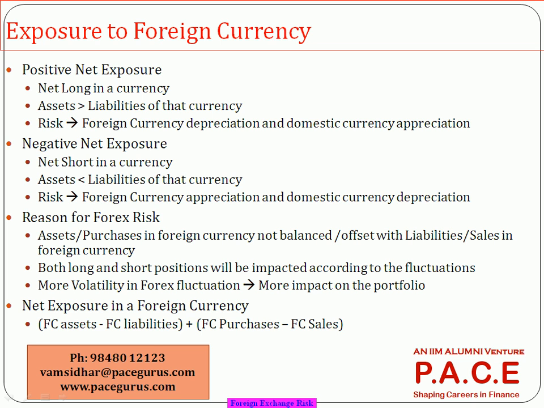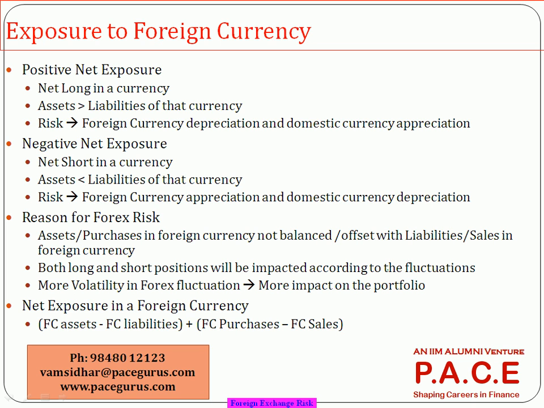long versus short, or how much assets we have in a foreign currency versus how much liabilities we have in the foreign currency. Assets are nothing but how many loans you have given from a bank perspective, how many loans they have given for the foreign customers is their asset, how much borrowings they have done.